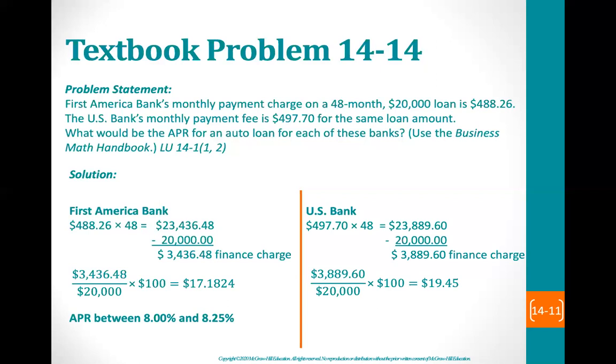If you go to the table lookup and find the intersection of 48 payments and our lookup factor of 19.45, the APR is between 8.75 and 9%. So you see how much higher the APR is, even though the loan amounts are not that different for the monthly payments.